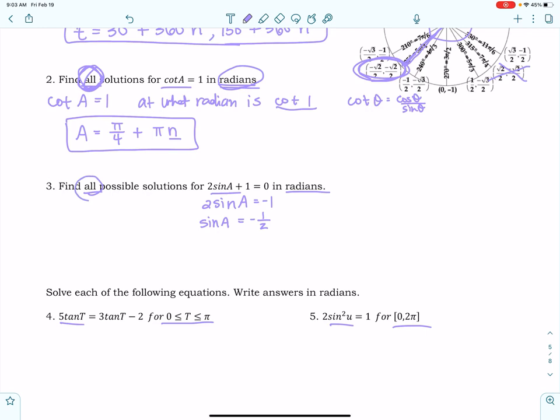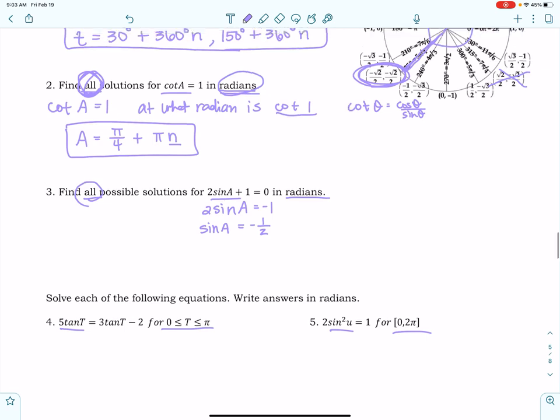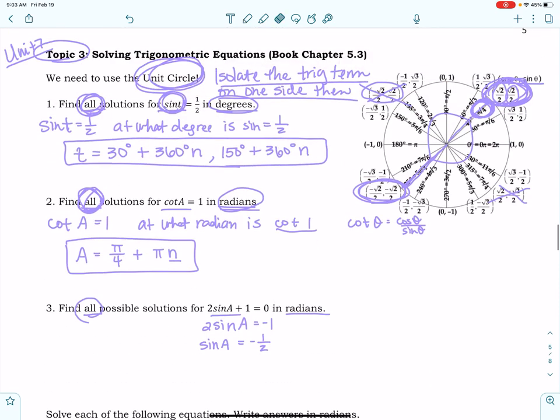So I need to look at my unit circle and figure out what radian measures have sine A as -1/2. On my unit circle, sine is -1/2 right here, and it also occurs right here. If I'm measuring in the positive direction, that's going to be 7 pi over 6 and 11 pi over 6.